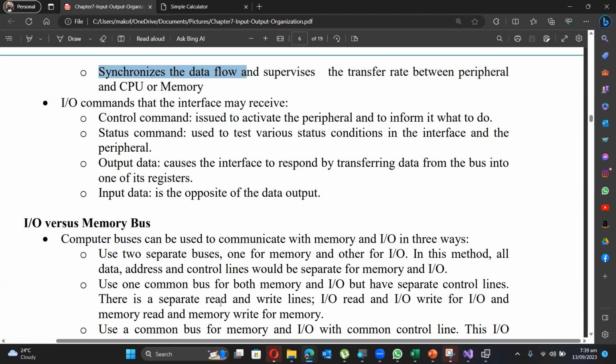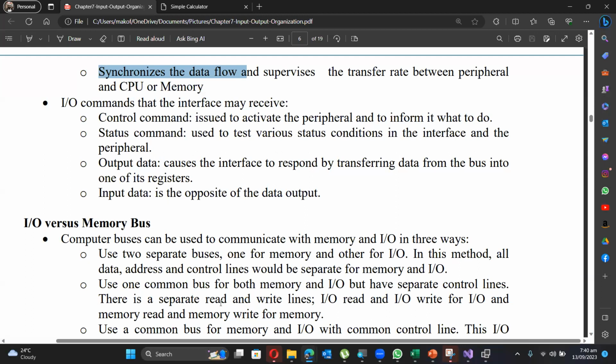The control command, issued to activate the peripheral and inform it what to do; the status command, used to test various status conditions in the interface and the peripheral; the output data, which causes the interface to respond by transferring data from the bus into one of its registers; and input data, which is the opposite of the data output, so technically the data that is being transferred into the bus lines.